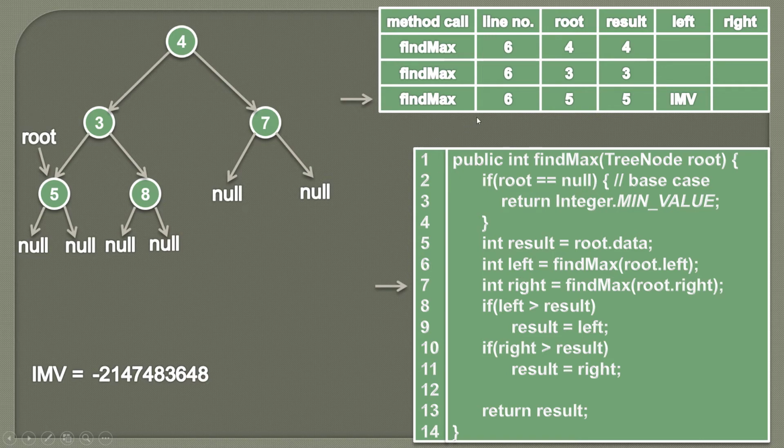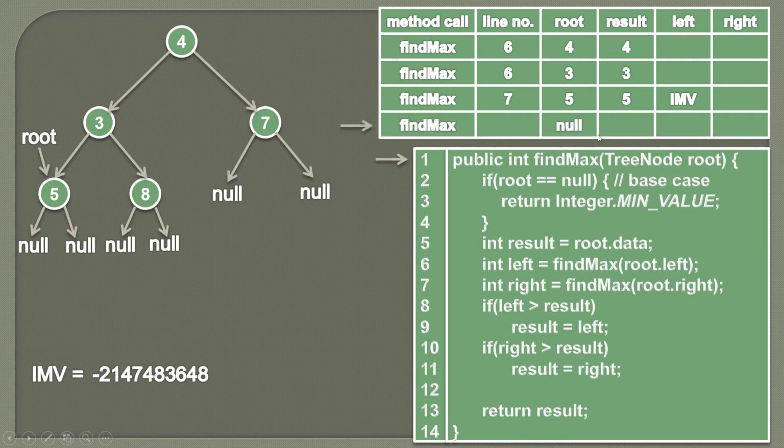Here you can see that we will again have to leave this method at line number 7 this time, and we will call findMax method again, passing in root's right which is null. So it would look something like this. Line number is updated here. FindMax method will be called, and there will be one more method on the call stack with root as null.